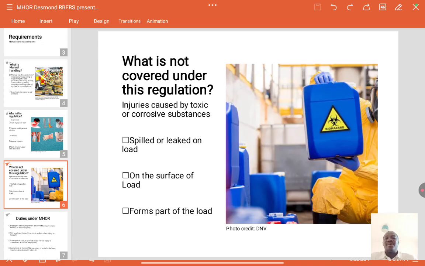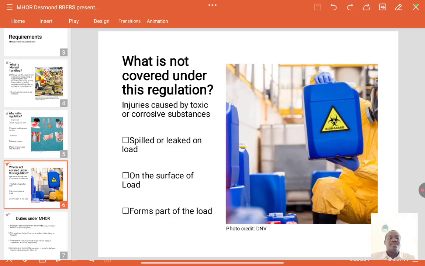In the same way, when a toxic or corrosive substance is found on the surface of the load, it is also not covered by it. And also when injuries are caused by toxic or corrosive substances that form part of the load itself.